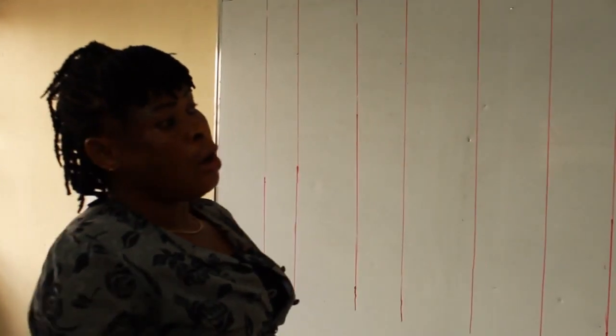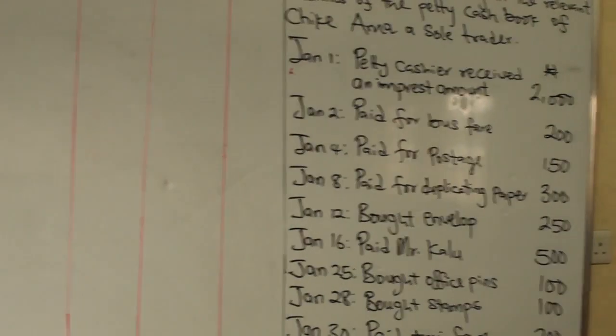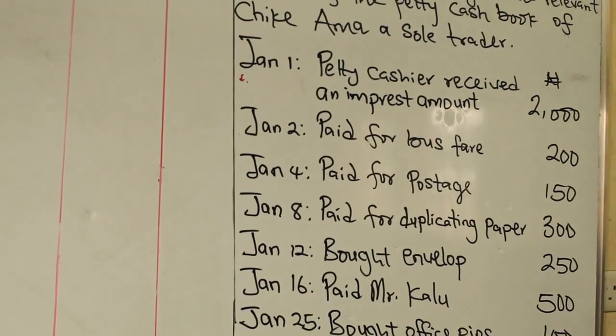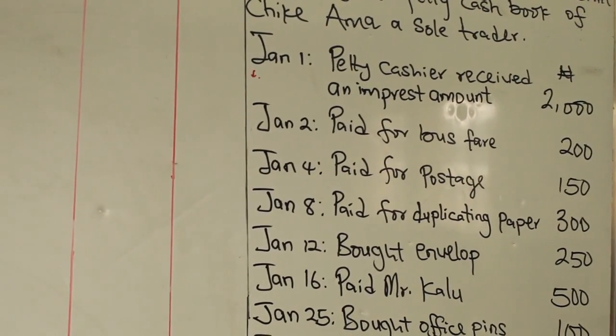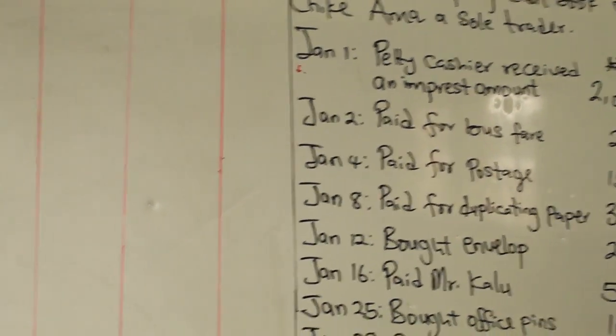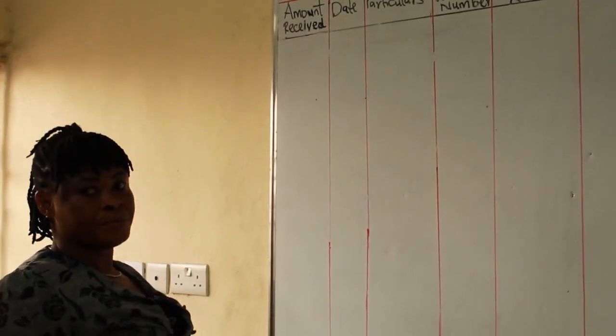Now, on January 1st, petty cashier received an imprest amount of 2,000 naira. That amount received by the petty cashier will be posted on the amount received.